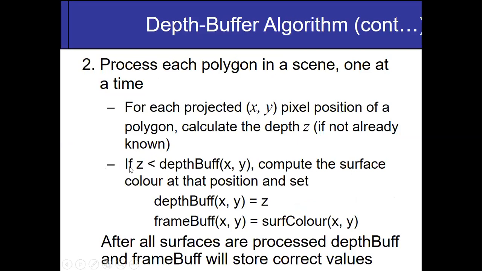Next, if that calculated Z is less than the depth buffer of x1, that means infinity. So if the calculated Z, let us say 3, is less than infinity, what do you do? You replace that infinity position with 3. So that buffer which was infinity now becomes 3.